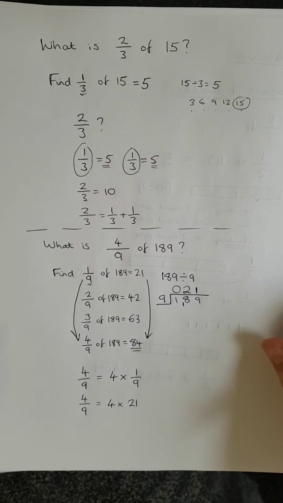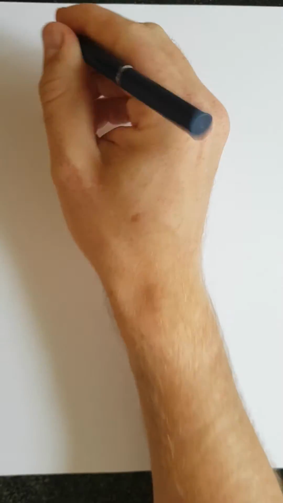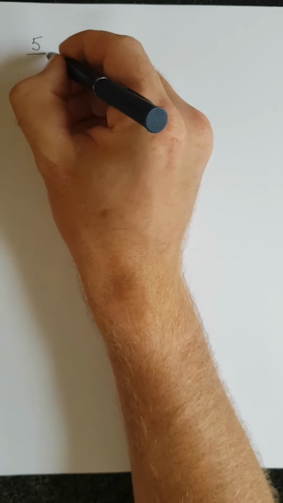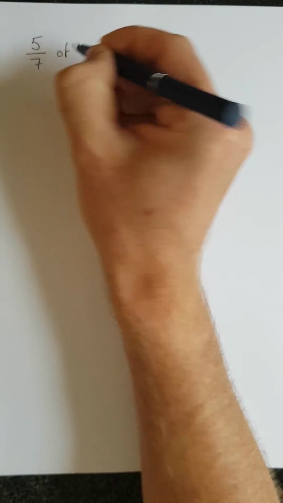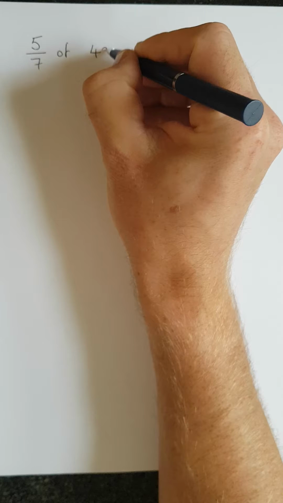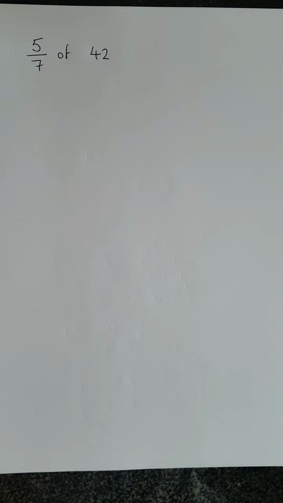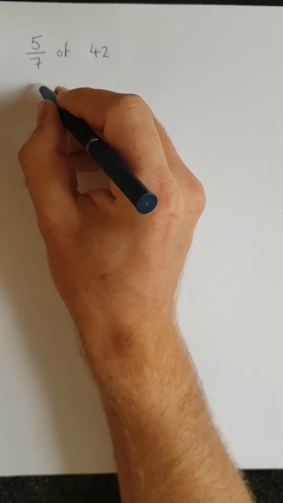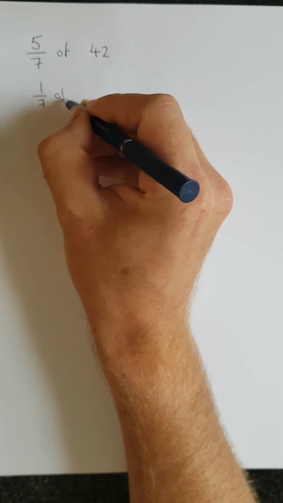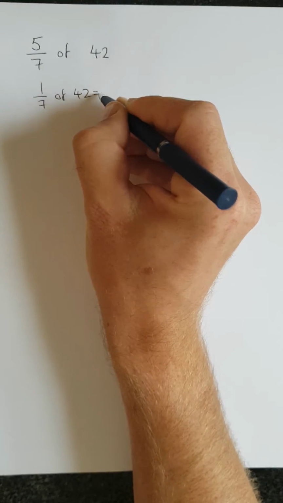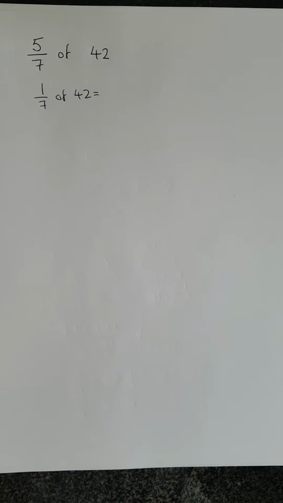Let's do a couple more to check. First off, we're going to find 1/7, which means dividing by 7.